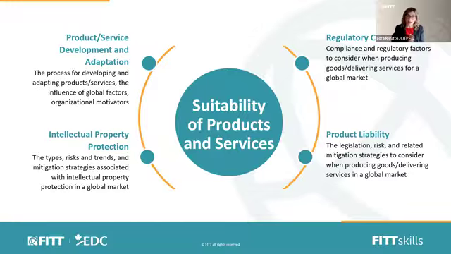We also look at intellectual property protection. So what are the risks in that market? Can you protect your IP? Is that an important decision for you to go into a market where you may not be able to protect your IP or to protect it cost effectively?